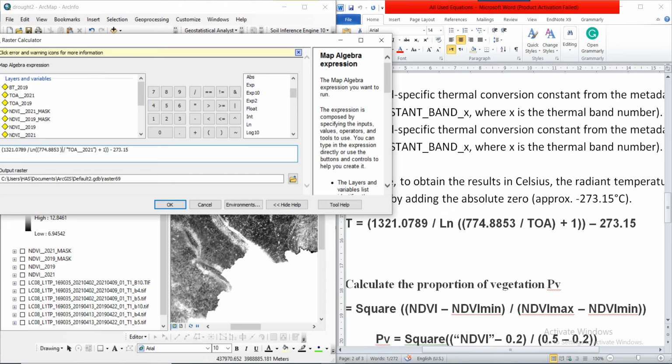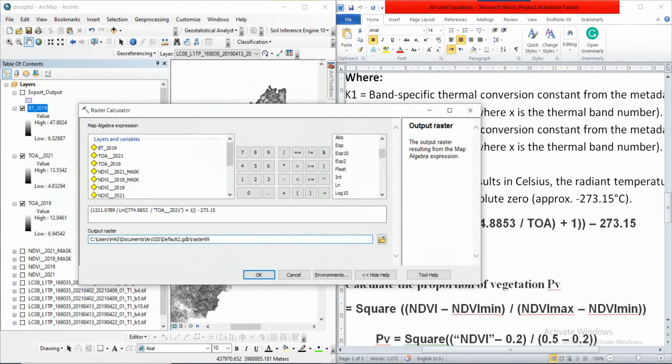Yeah, we have an extra bracket which is right here. Now it's okay, so we're gonna name it like the previous BT for 2021.